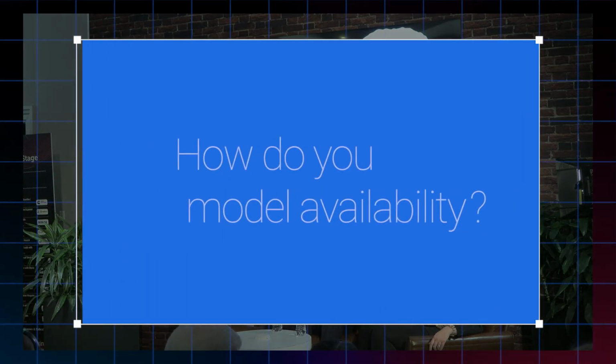You look at 3 9's, if there's 8,760 hours in a year, that would be 8.76 hours per year of downtime. So a lot of times that's looking at one failure over a long period of time that would say equal an hour or equal a multitude of hours. But that's what we're looking at when we say 3 9's, when we say 5 9's, and those are the targets that we're looking to hit there.